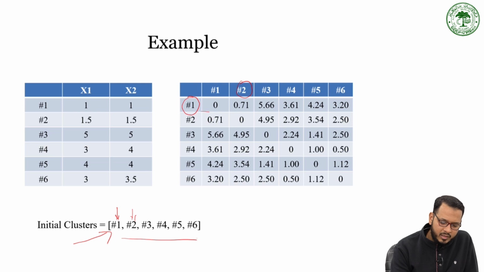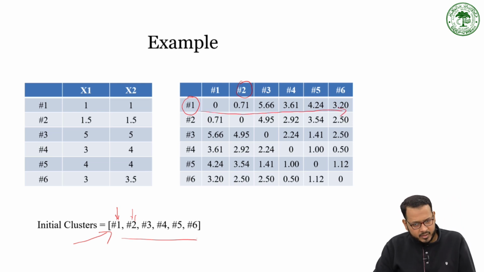So the first row here represents the distance of point 1 with cluster 2, with cluster 3, with cluster 4, 5, 6, and so on. Initially, points and clusters represent the same thing because each point is considered a separate cluster.